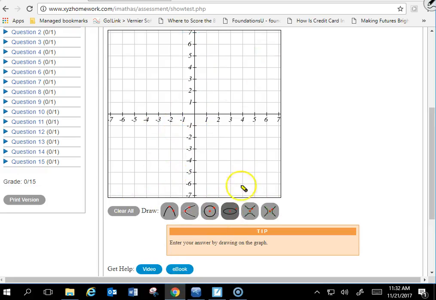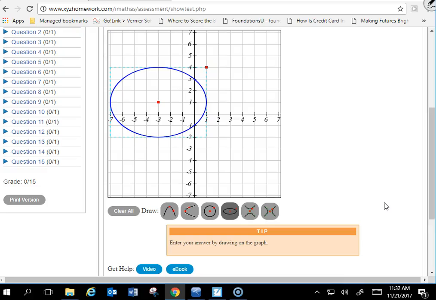Okay, so on this one, we're going left 3 and up 1. So there's the center of my ellipse. The major axis is along the x, so I'm going to move 4 away from that center. And y is 3. And there's my ellipse.